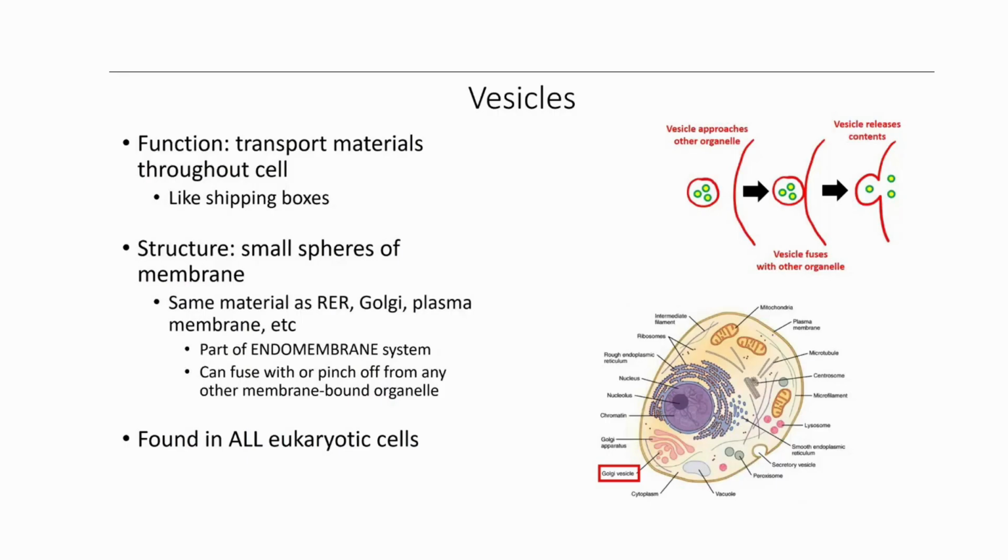If you look at this diagram at the top, they're showing you where you have a little vesicle, and it actually fuses. Fusing here becomes part of it so that it can open up, and whatever was inside its little shipping box, if you will, inside that vesicle can be released on the other side.